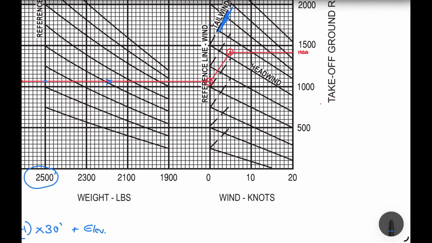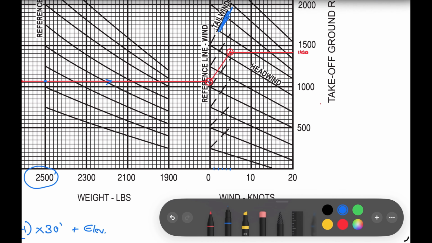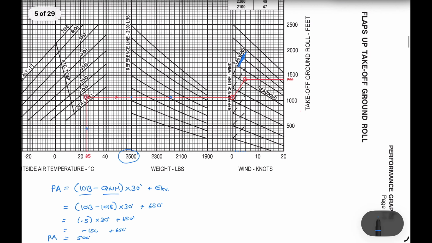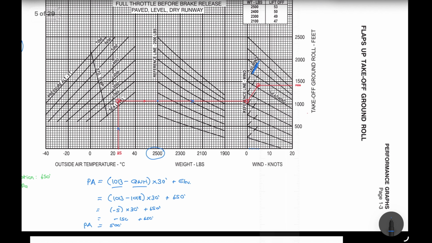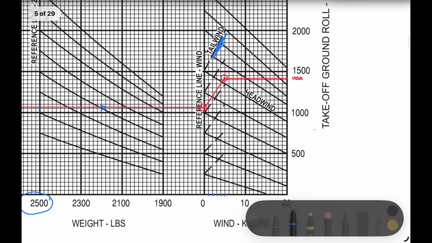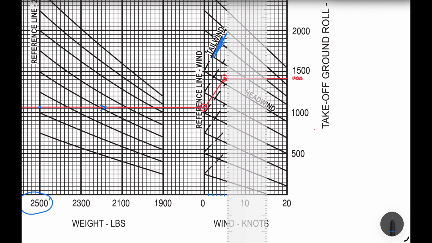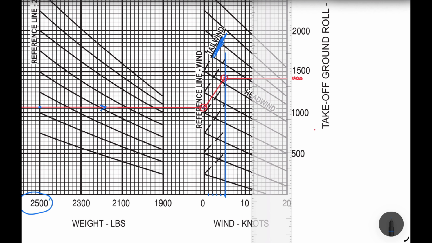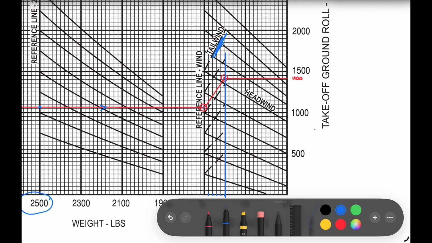If you go down below, every block shows 1 knot of tailwind. If I take a ruler and draw a straight line up all the way, following the 5 knots, you'll see that they intersect exactly where my red dot is over there.